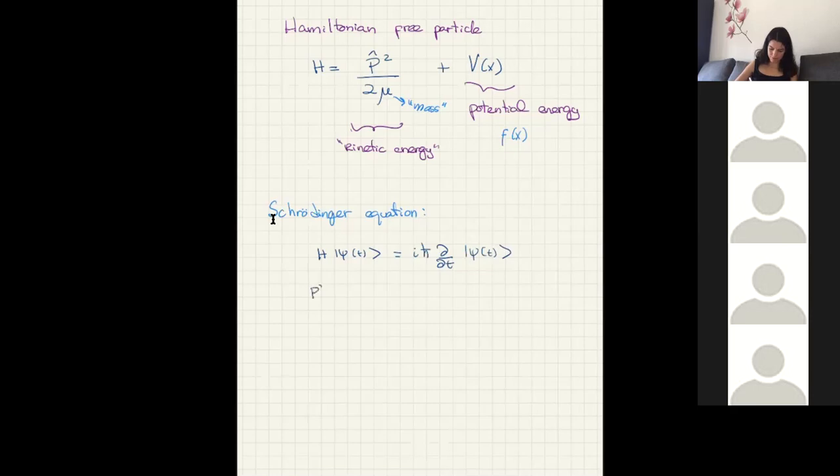So we have p squared, and remember that this is an operator, divided by this real constant, plus V of x.